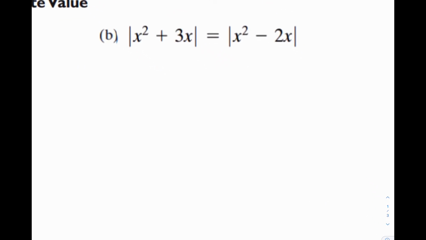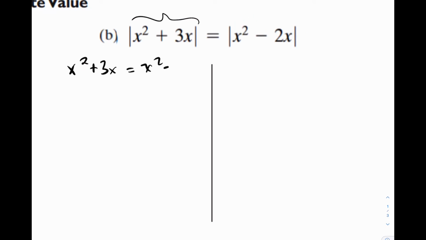So for this one, notice how it's significantly more challenging. We have absolute value on both sides, and both sides are algebraic expressions. We're actually going to do it the exact same way. I'm going to separate it. We'll take this first part right here, and we're saying, well, this part, x squared plus 3x, must equal whatever this thing would be, x squared minus 2x.